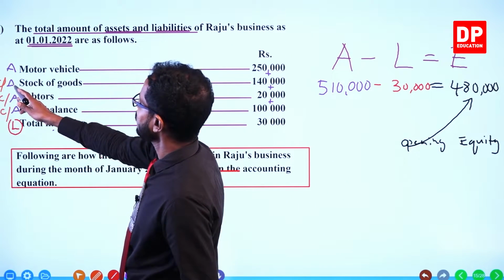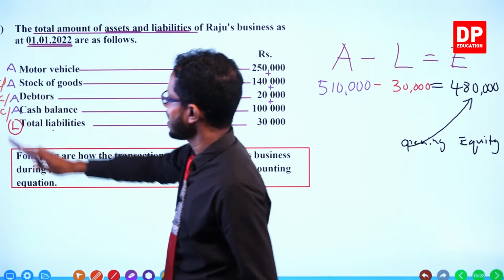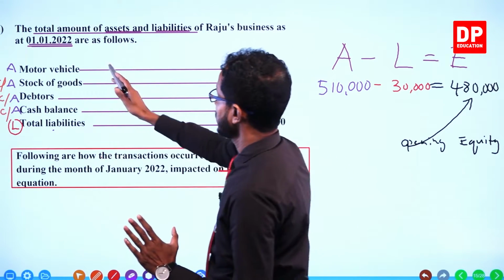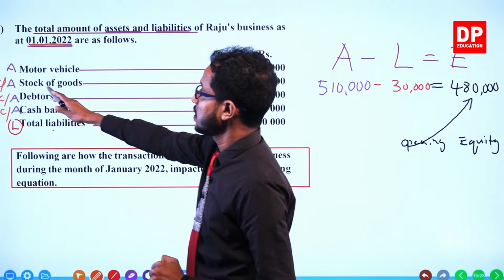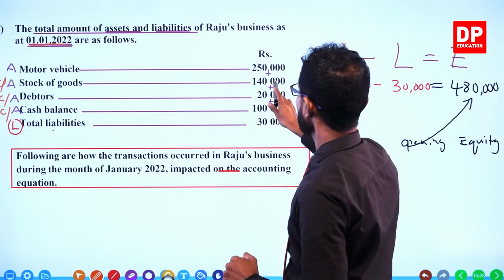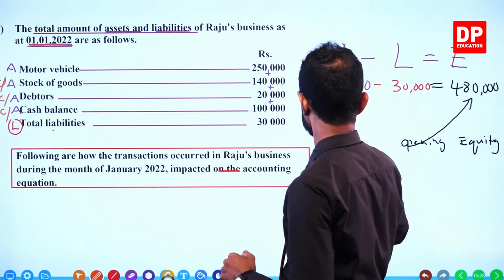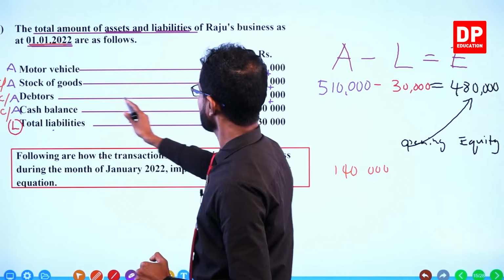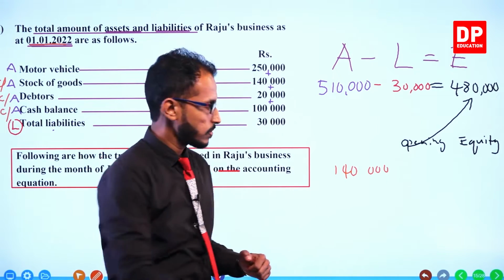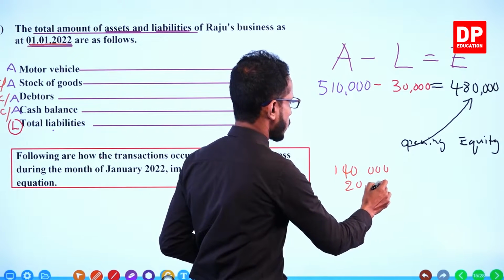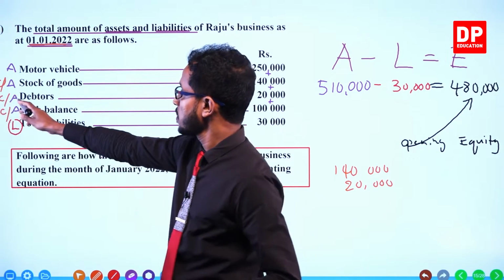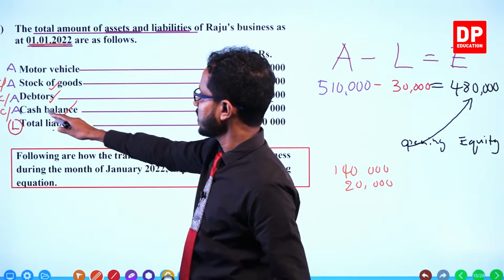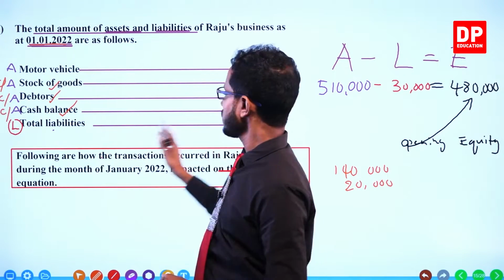Take the total of current assets at the beginning. That means the 1st January. Stock of goods we have 140. Debtors we have 20. Okay, we have taken this, we have taken debtors, now we are taking cash balance 100.